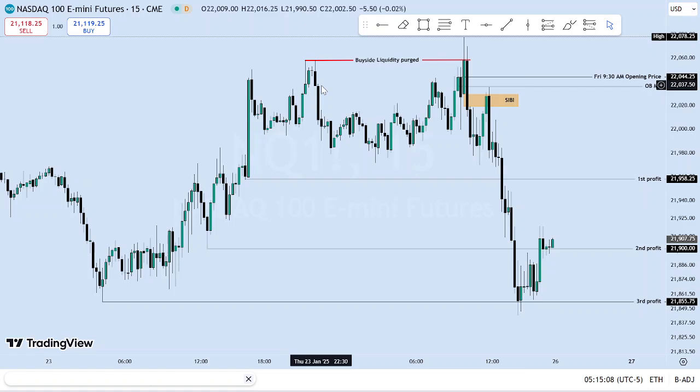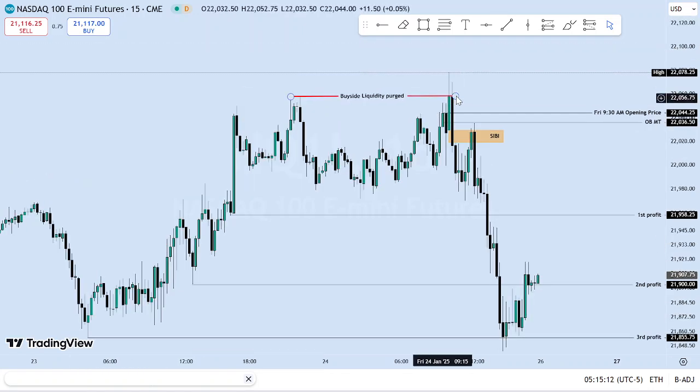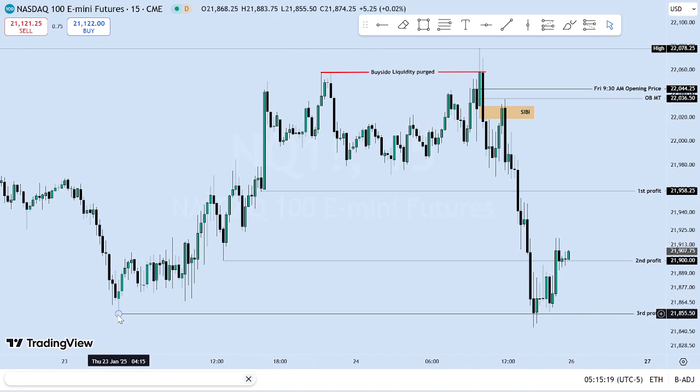From this low to the high here, this is the low of the range. During the 9:30 opening price, price took out the high. So you seek the low of it, which is here. You swing from this low here to the high, the whole range. You can measure it and see the equilibrium.